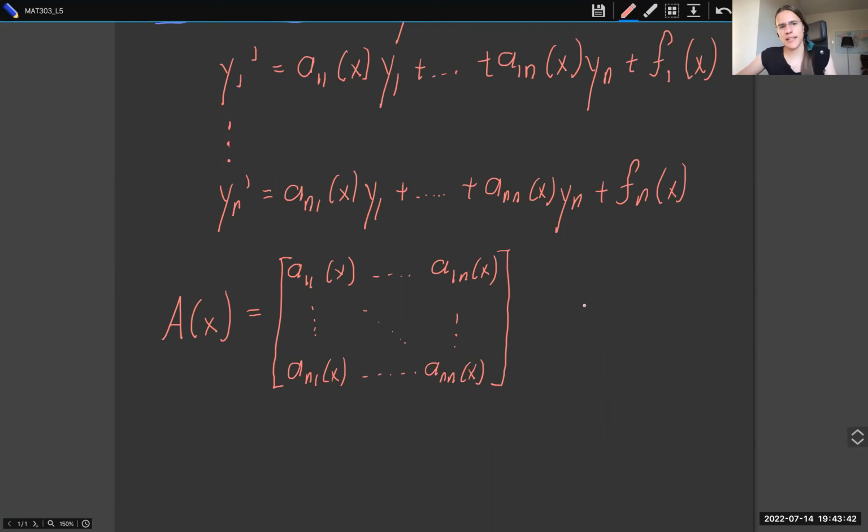And then we're going to let f in vector style of x be this vector of f1(x) through to fn(x). So this is a vector valued function.